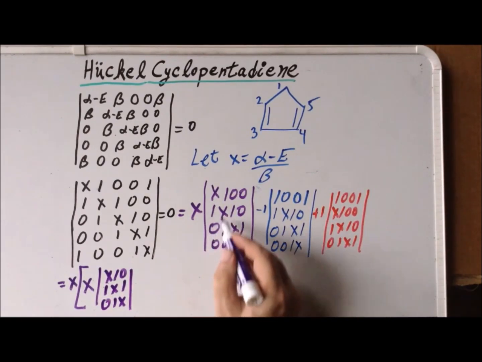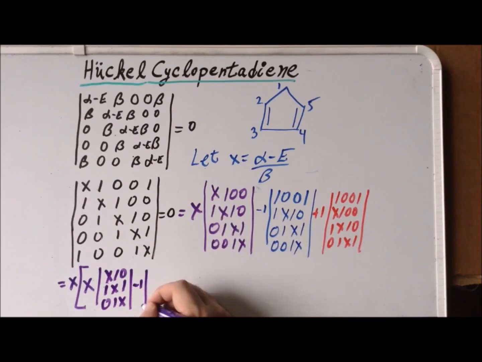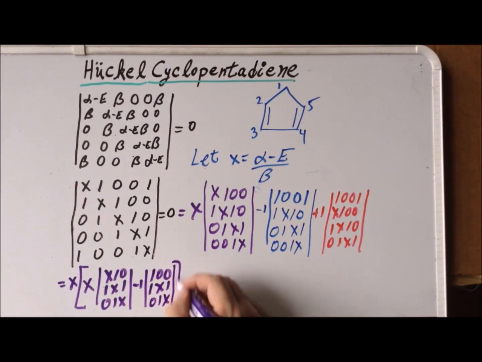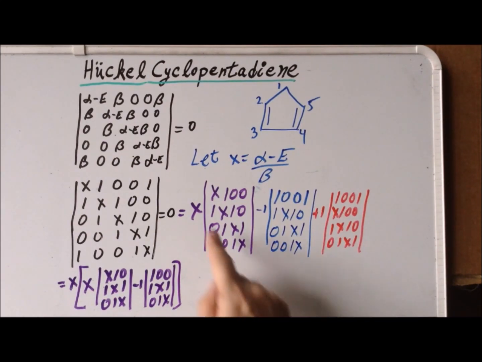And our second coefficient is going to be a minus 1 because it's the second coefficient. And we color-coded the expansion in purple because it corresponds to this 4 by 4 determinant.